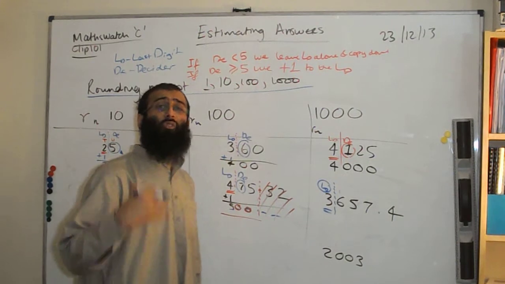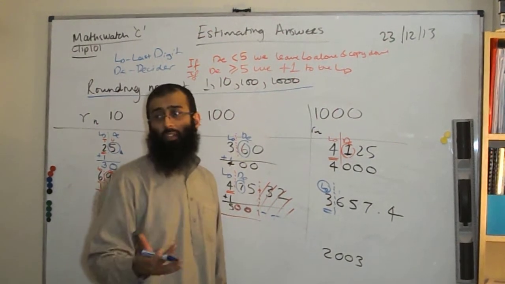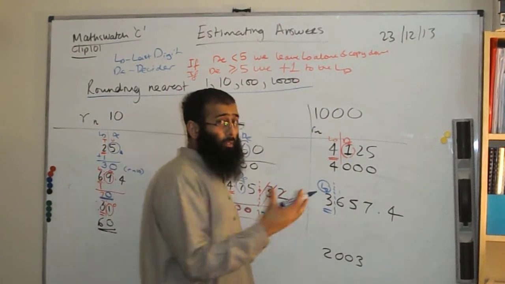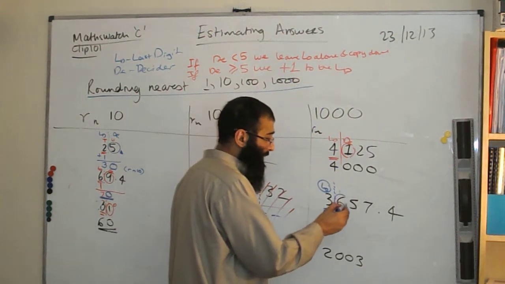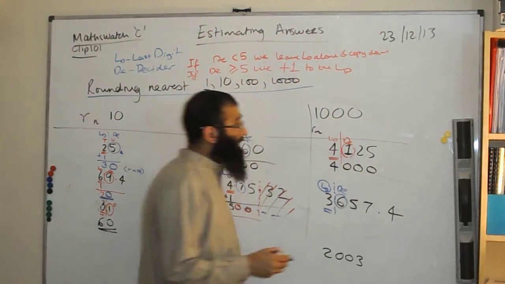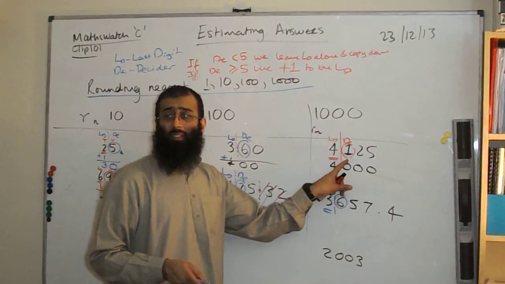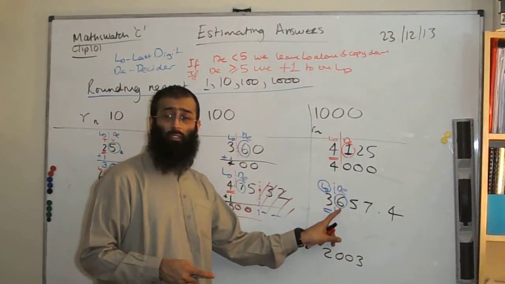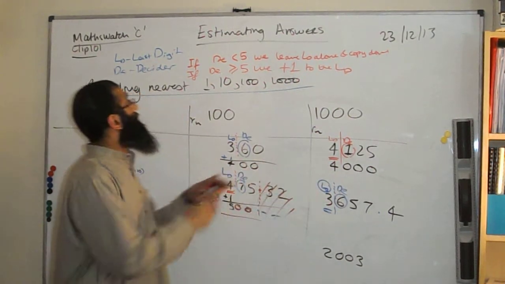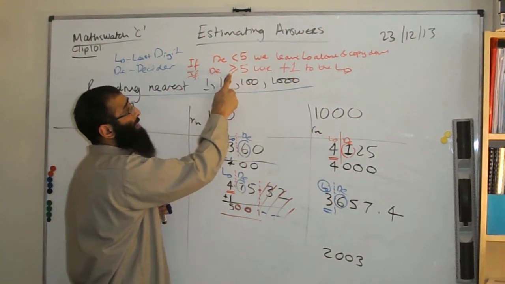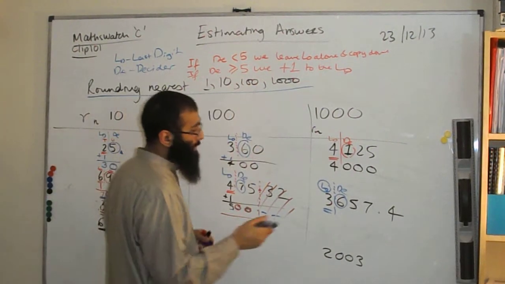It's important that we use this last digit and decider method all the time. And the next one has to become the decider. In the previous question the decider was less than 5. Layla, in this question the decider is 5 or more. If the decider is greater than or equal to 5, we must add 1 to the last digit.